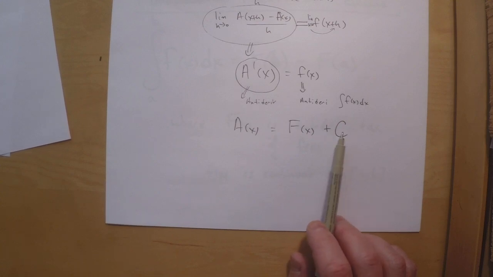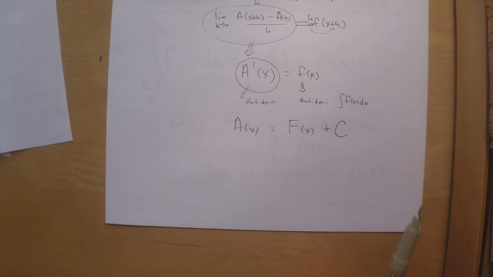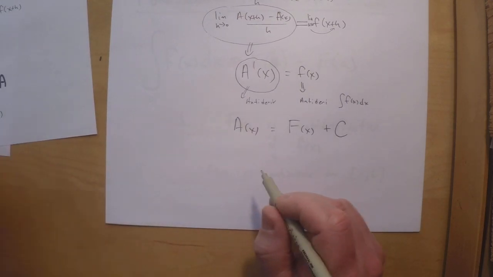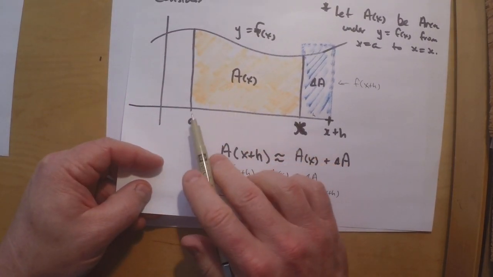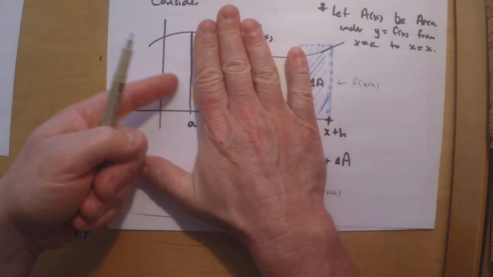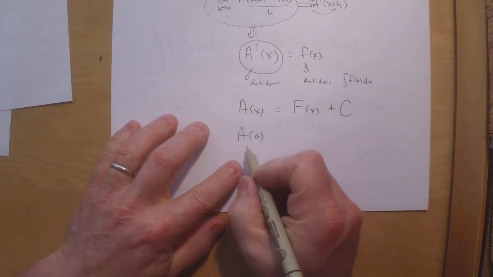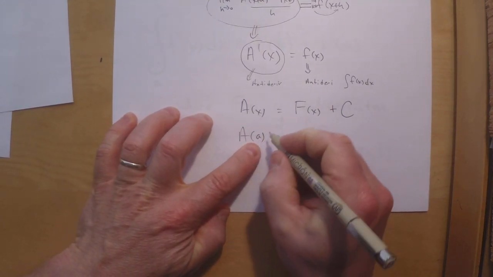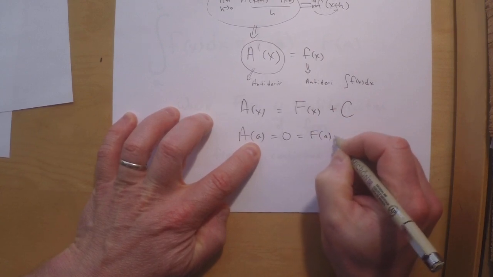But now that throws a thorn in our side a little bit because a constant we don't know, but we know some initial conditions. If you were to plug in a, big A of little a, the area between a and a would be 0. So I know that the area from a to a equals 0, and I'm plugging a in for x.